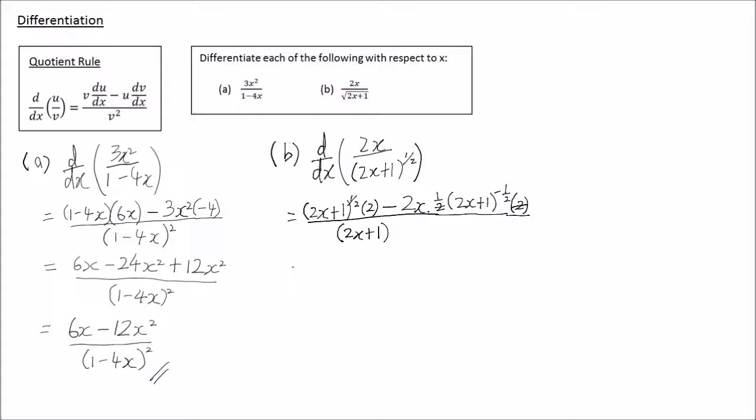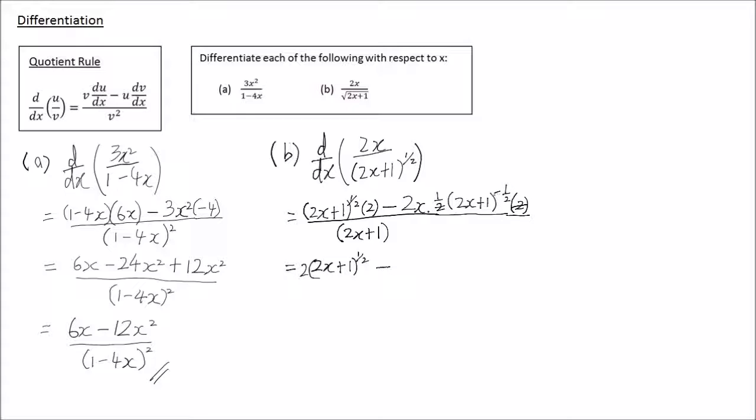So this can be written as 2x plus 1 raised to the power half. The 2 can be written in the front, minus 2x over this bracket to the power half.